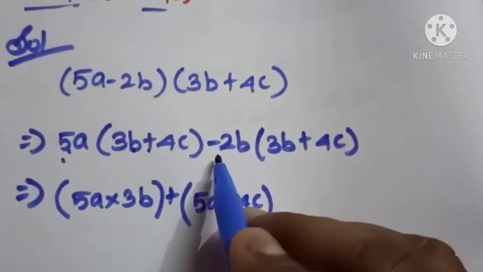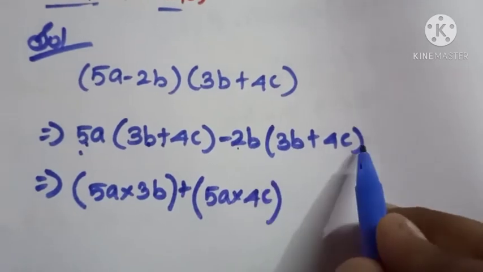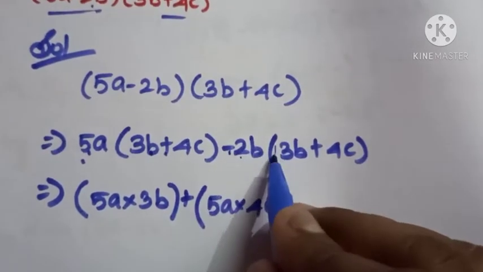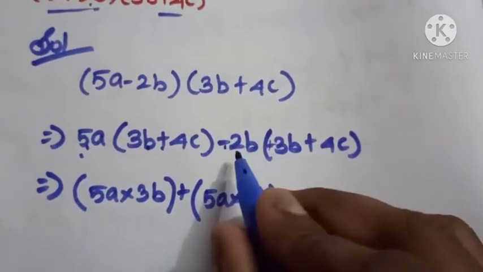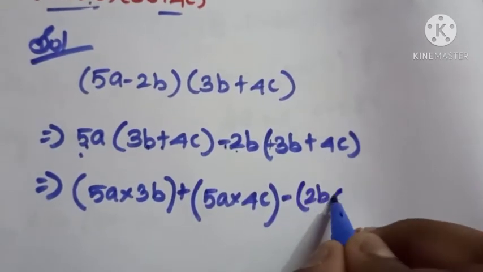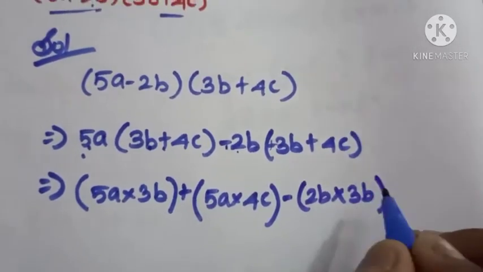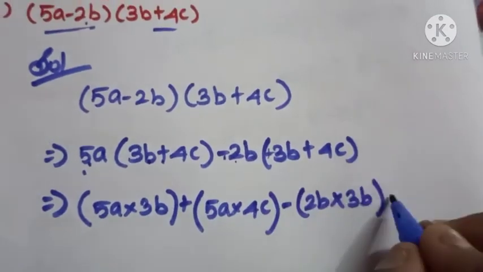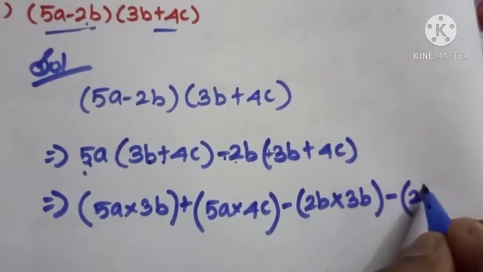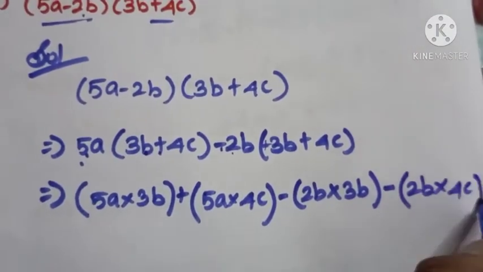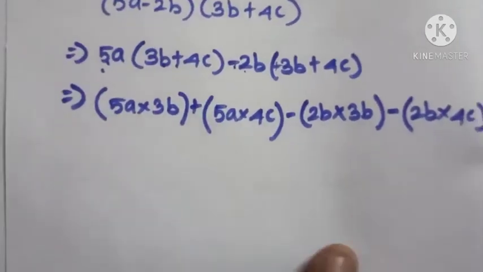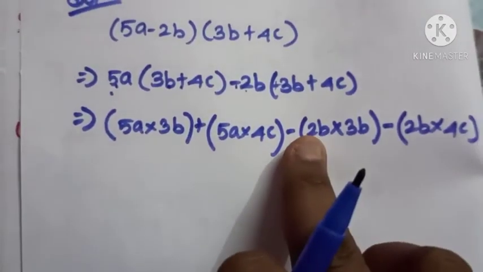Next we need to multiply this minus 2b with these two terms. So minus into plus, you get minus 2b into 3b. Minus into plus becomes minus, and the remaining 2b into 4c. So we multiply all the terms separately.